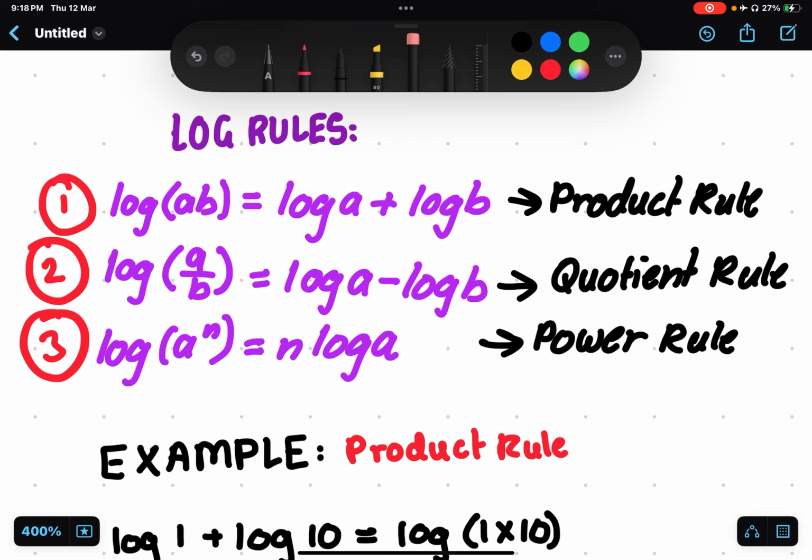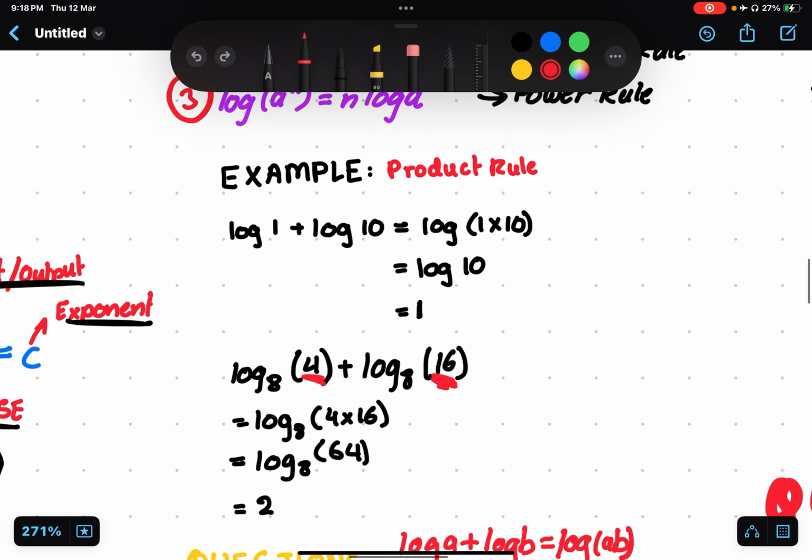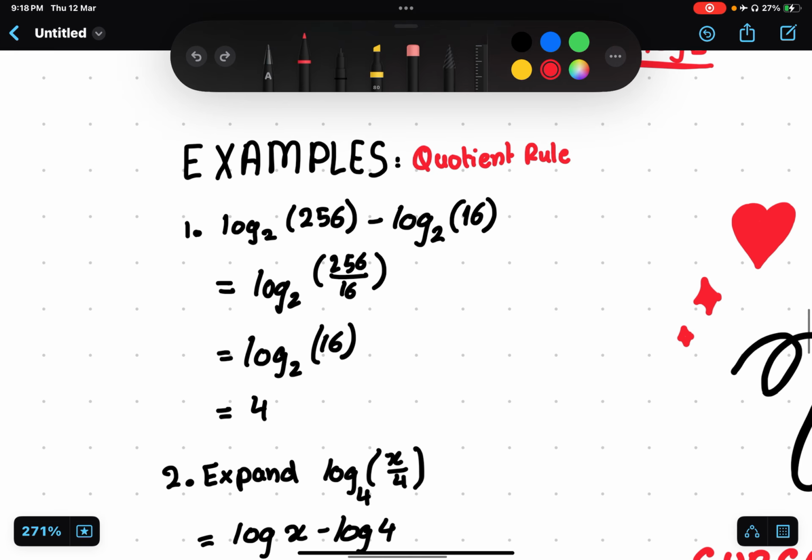So very similar to the product rule, but the only difference is that we're taking away log b from log a instead of adding them together. Since multiplication is the opposite of division, we can think of this as flipping our signs over here. Yeah, so this is again pretty simple. So let's go with some examples really quickly.